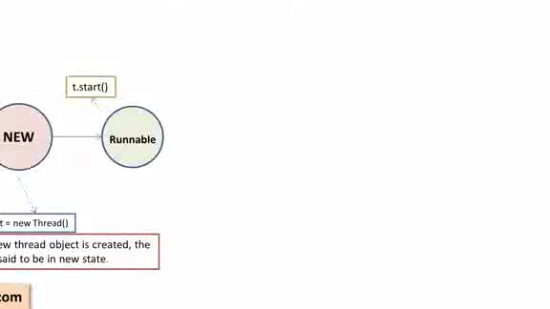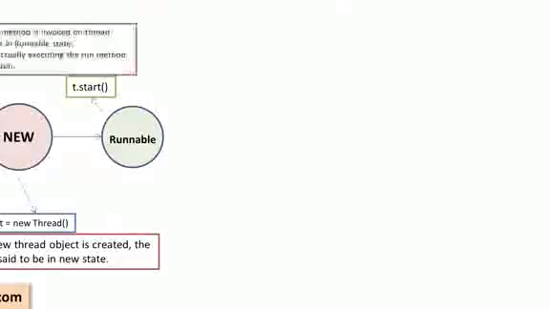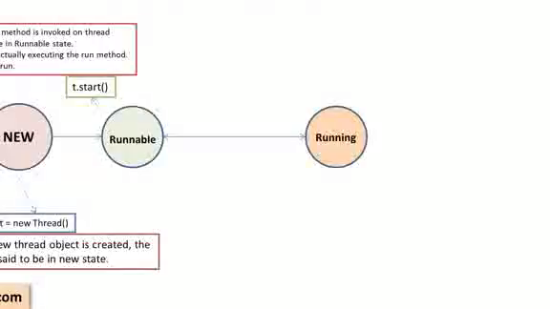the thread is not executing any code, but it is ready to execute the code, but currently it is not executing any code. When the thread starts to execute the code in the run method, it is said to be in running state.